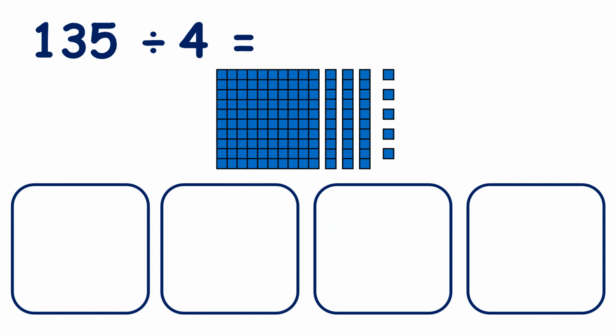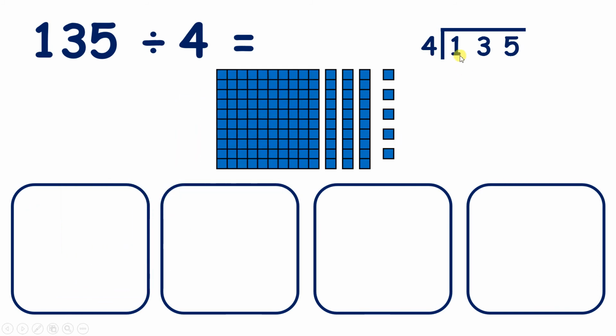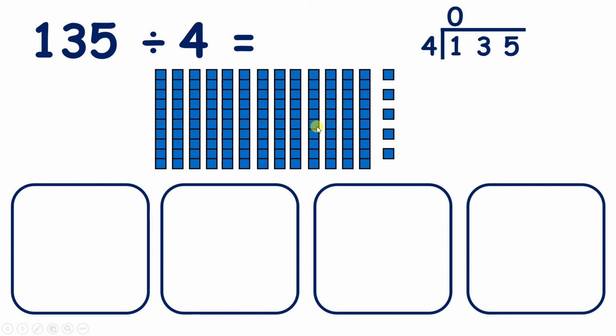Now pause the video and see if you can answer 135 divided by 4 using short division. So we can't share out our 100 because 1 divided by 4 is 0 remainder 1. So we need to exchange our 100 for 10 tens, which gives us 13 tens altogether.